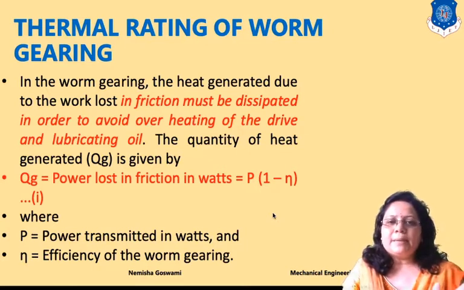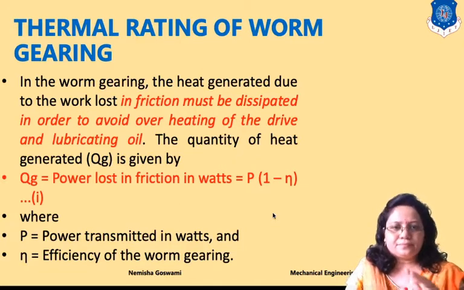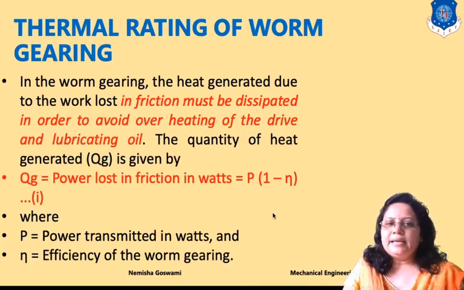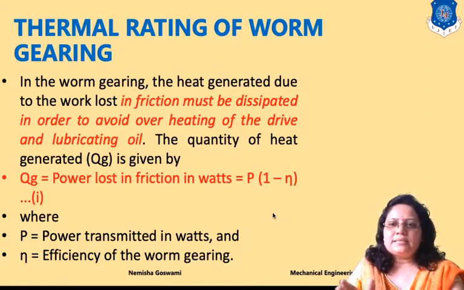The quantity of heat generated is given by the power lost in friction, in watts. Due to friction, power is wasted. So this is equal to P into (1 minus efficiency), where P is the power and the efficiency is that of the worm gear. This is the loss of power, or heat generation.